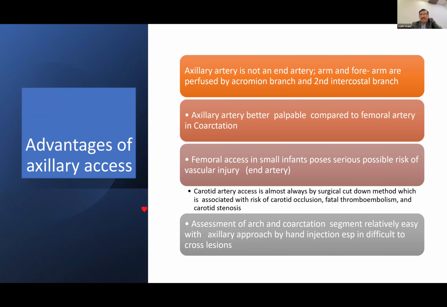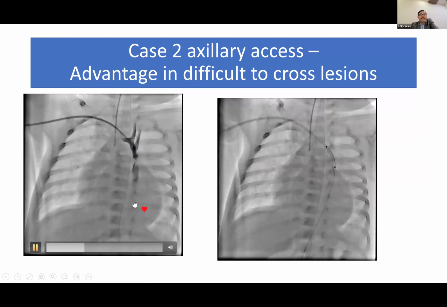I will show you one example of a difficult to cross lesion. See this patient. A tiny flow. I came through the axilla, tiny flow. Now, if you go from down, you have a higher chance that you're going to damage this.